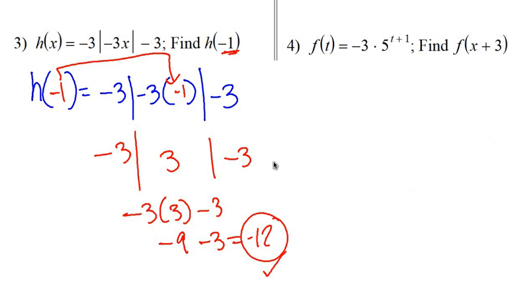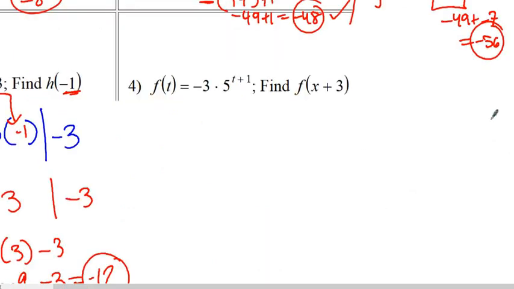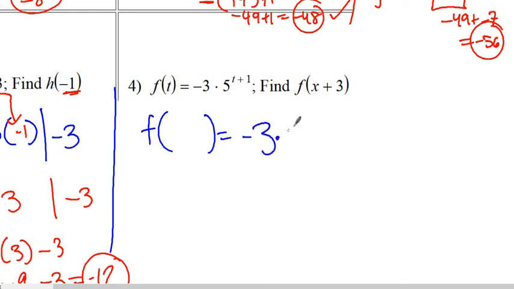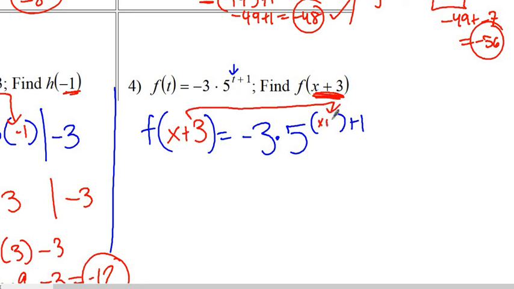Okay, you don't only have to plug in numbers to these, you can also plug in expressions with variables in it. So that will be our last example, f of t right here. Where there used to be a t, I'll leave parentheses. And this is telling me where there used to be a t, now plug in not just a number, plug in that whole thing, plug in x plus 3.